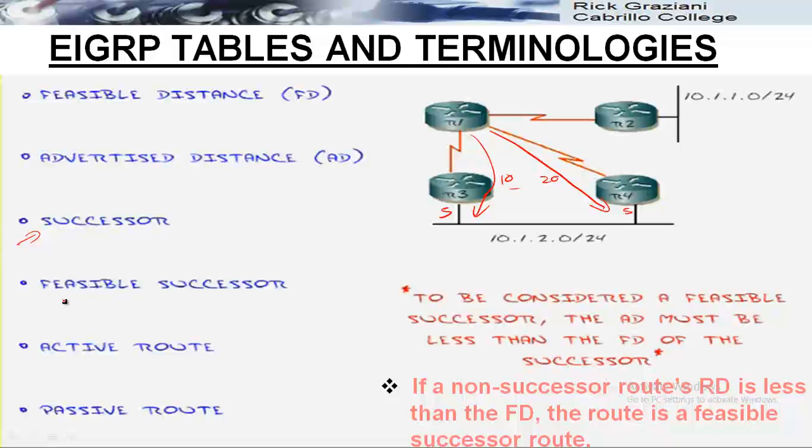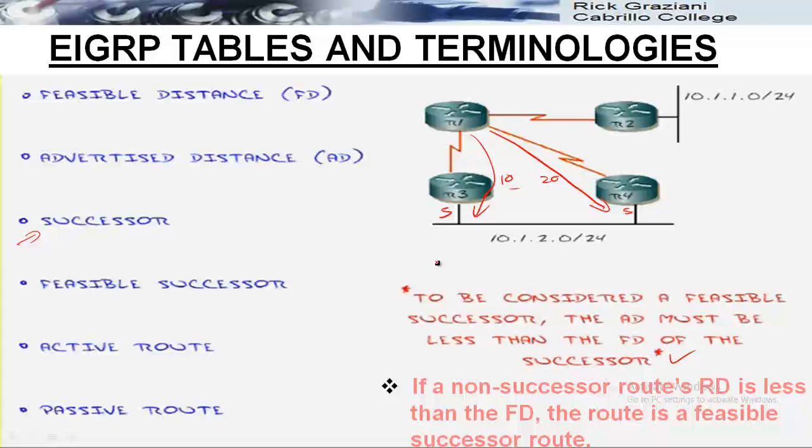Now for you to qualify to be a backup, or a feasible successor, you have to meet the feasibility condition, which says that to be considered a feasible successor, the advertised distance must be less than the feasible distance of the successor.